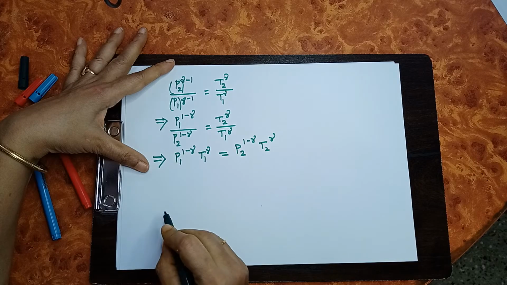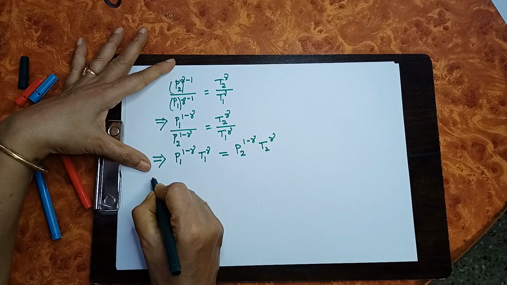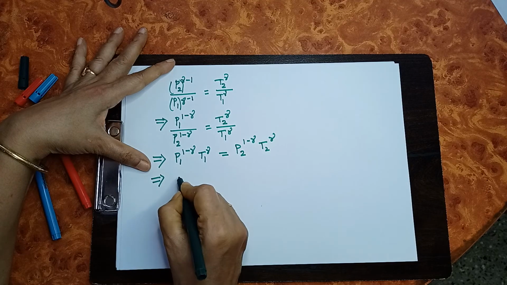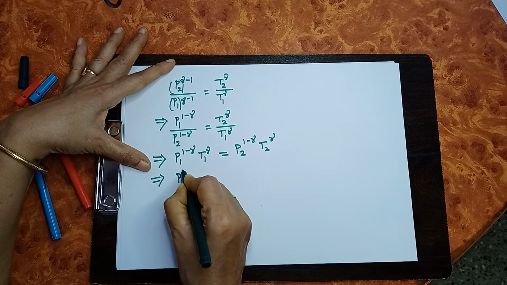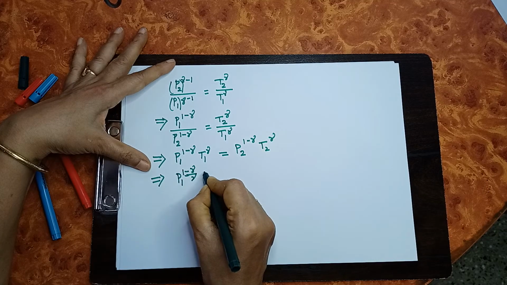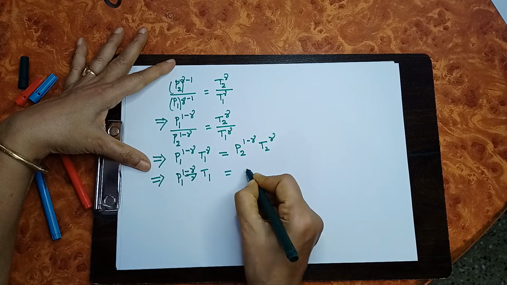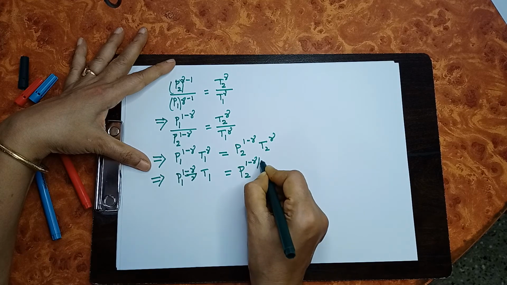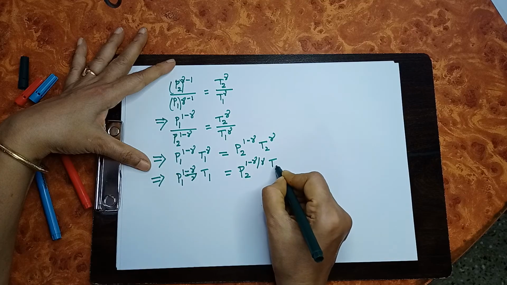Then we can write like this, or we can write it like this also: P1 to the power 1 minus gamma by gamma into T1 is equal to P2 to the power 1 minus gamma by gamma into T2.